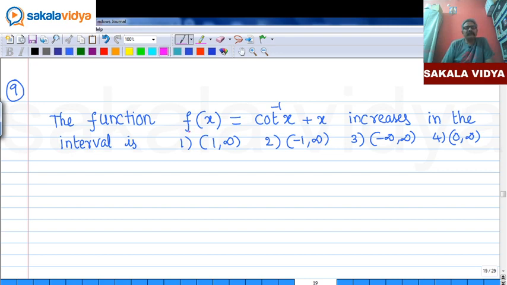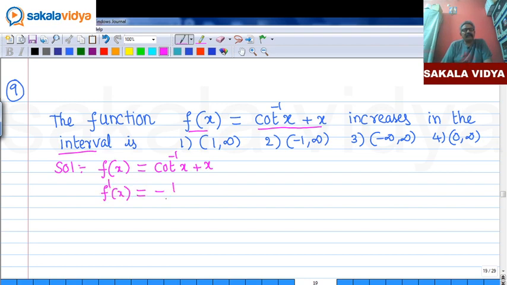The function f of x equal to cot inverse x plus x increases in which interval. Let us say f of x equals cot inverse x plus x. f dash x: the derivative of cot inverse x is minus 1 by 1 plus x square, plus the differentiation of x is 1.